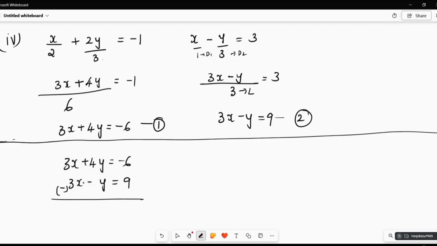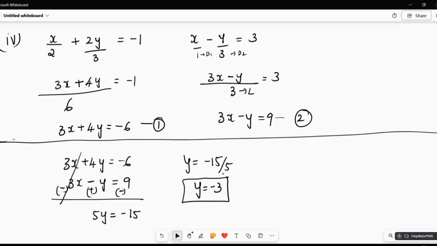Here it will become minus, minus will become plus, and plus will become minus here. Now the sign is minus here. Plus 3x minus 3x is 0. 4y plus y is 5y. Now that is equal to minus 9 minus 6. So minus 15. So y is equal to minus 15 by 5. y is equal to minus 3.